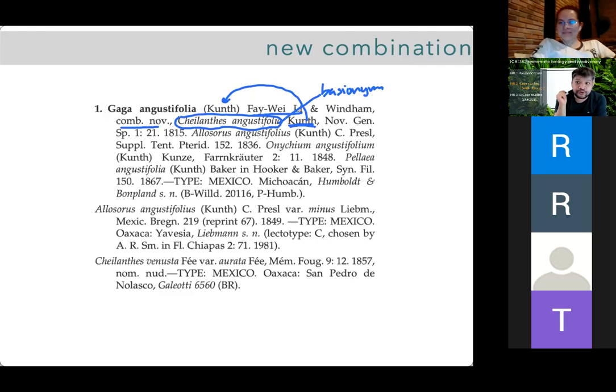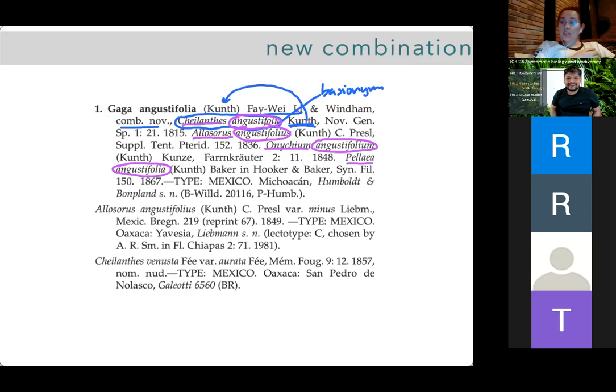So it gets moved to the, but here's the fun part, because this name angustifolia is used more than once. Used here, and used here. So there's this specific, oh, actually four times. So this species of fern used to be in the genera Calentus, Allosorus, Onychium, and Pellaea.